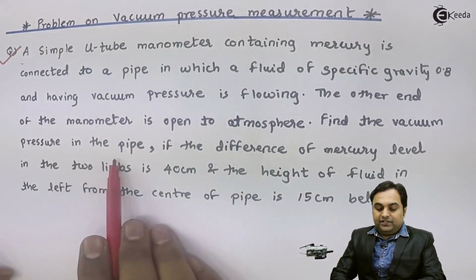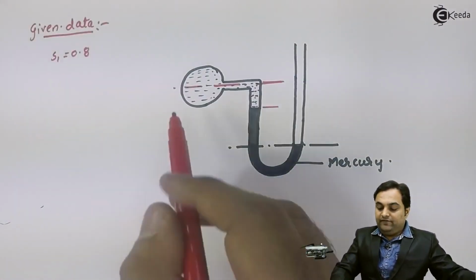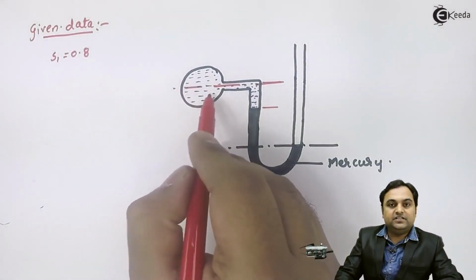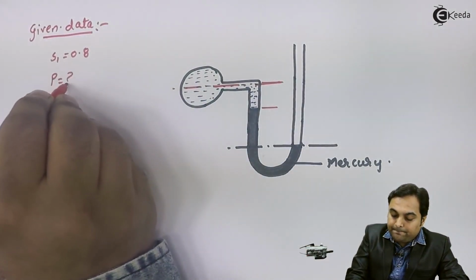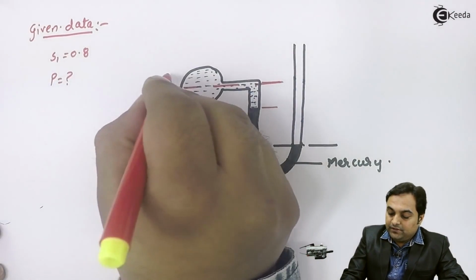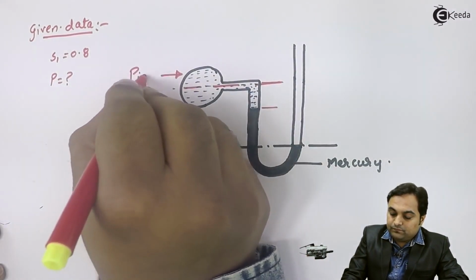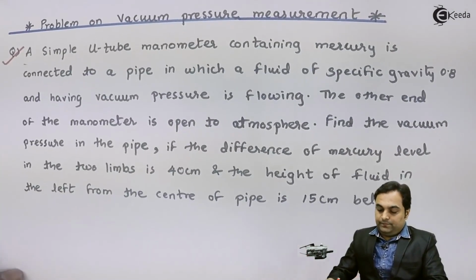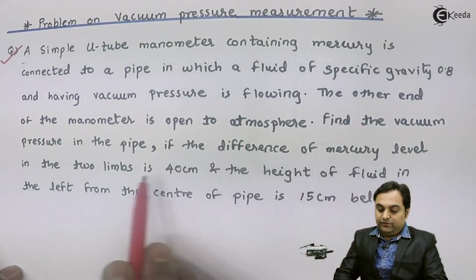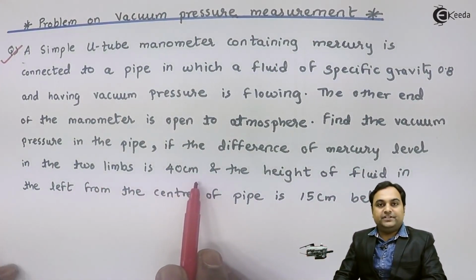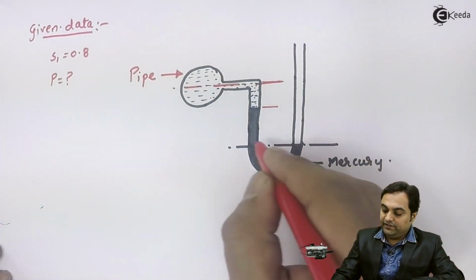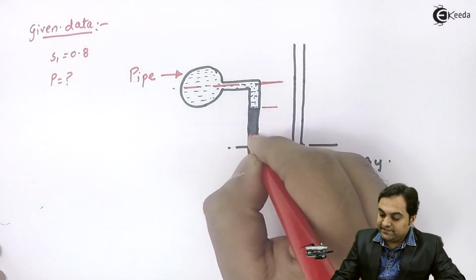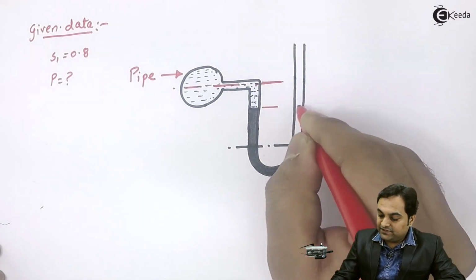Find the vacuum pressure in the pipe. So I have to find out how much is the pressure inside this pipeline. I'll denote that pressure as P, the pressure inside the pipe. The difference of mercury level in the two limbs is 40 centimeter. Here this portion is called the left limb and this is the right limb.